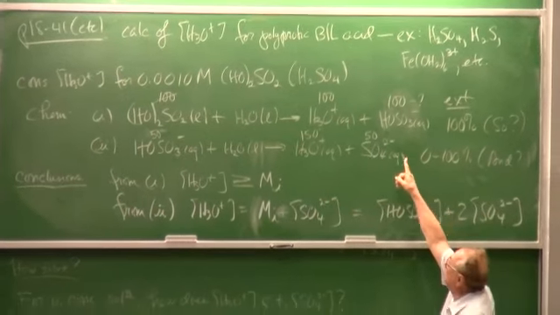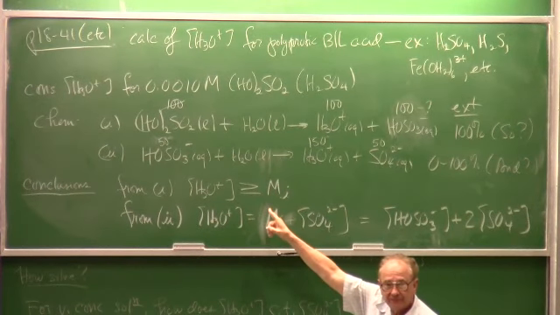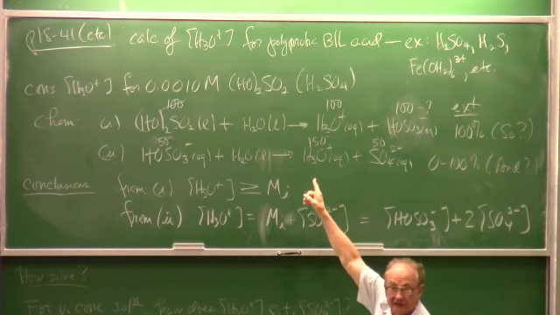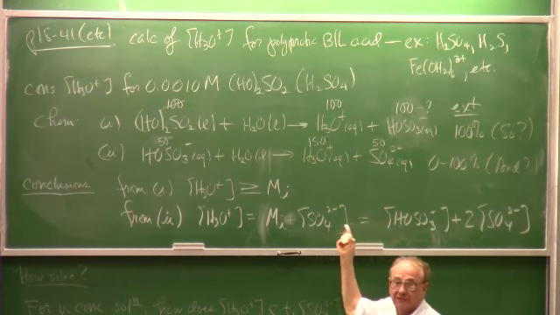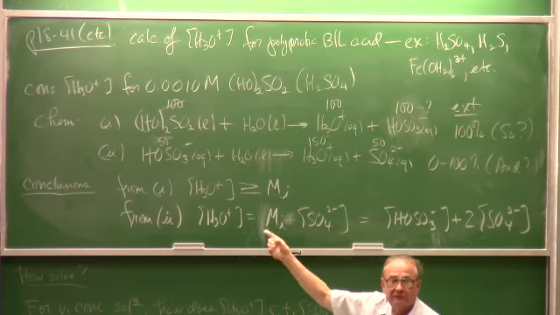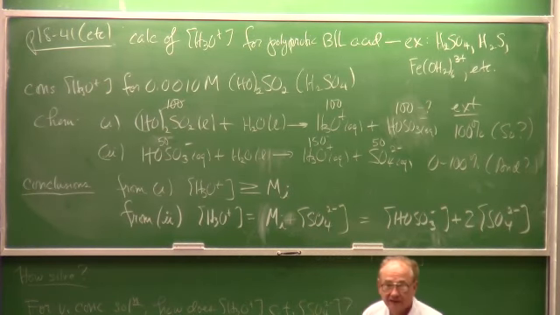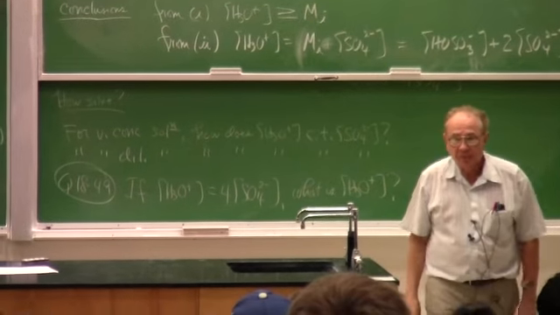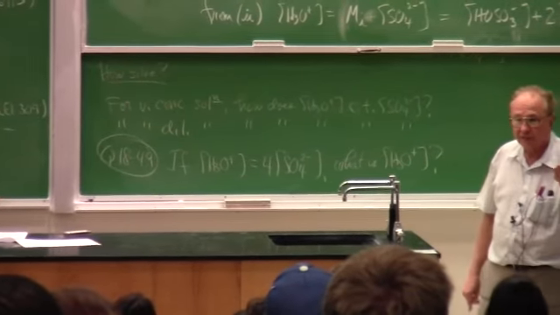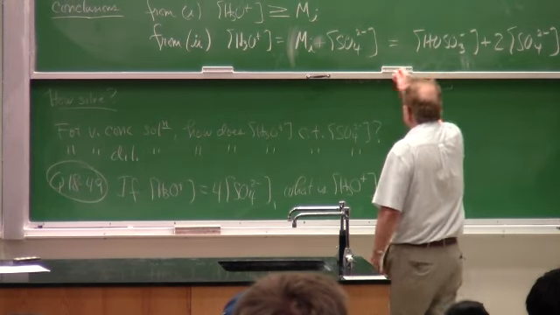Because remember, after the first step but before the second step, the hydrogen sulfate ion molarity is the same as M sub I, isn't it? And by the second step, some of M sub I, representing hydrogen sulfate ion, becomes sulfate ion. So M sub I is always going to be equal to hydrogen sulfate ion molarity plus sulfate ion molarity. Done. So that's how this is the same as that.